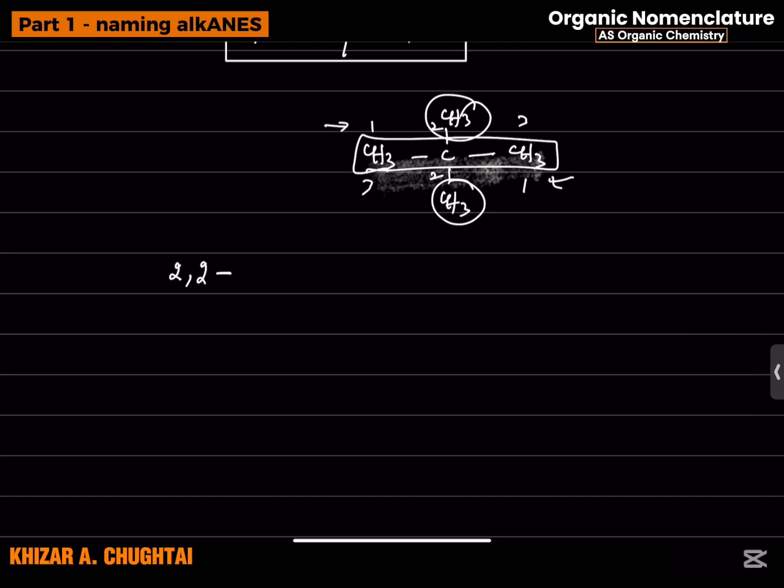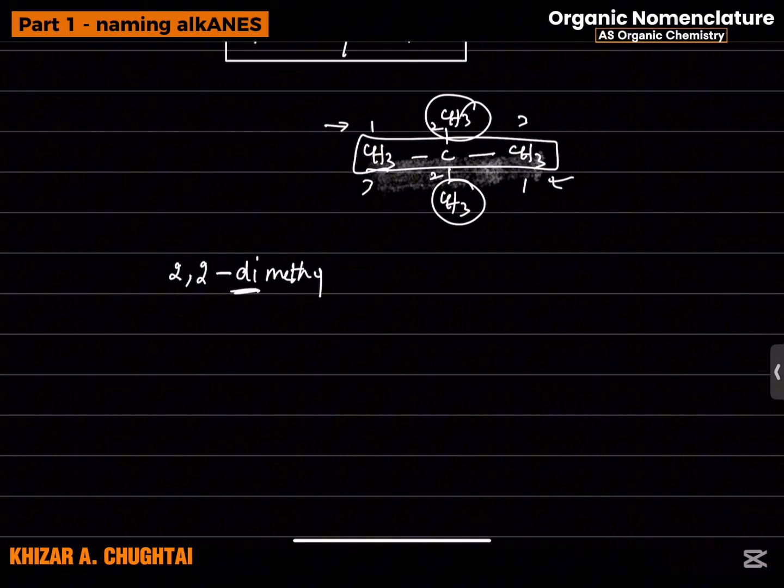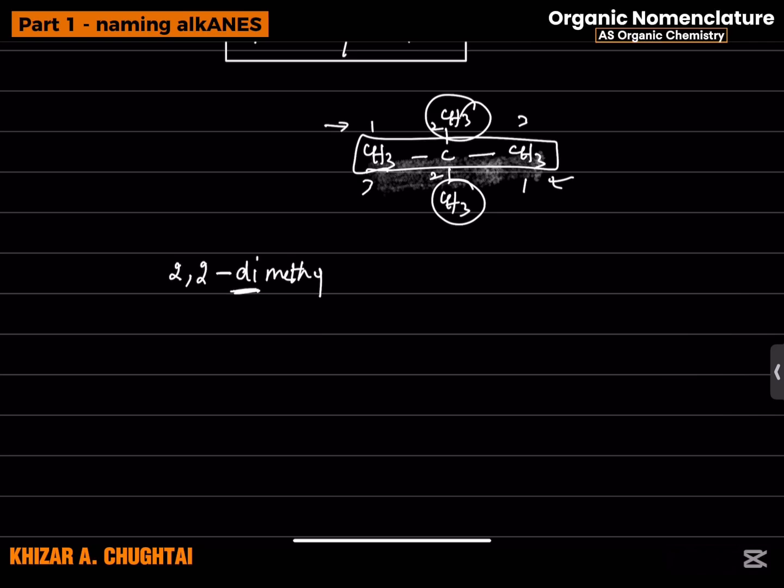Then I am going to write the alphabet. Methyl, but there are 2 methyl. So to confirm these methyl, I put di over here. 2,2-dimethyl. That is all about the position of the branches.